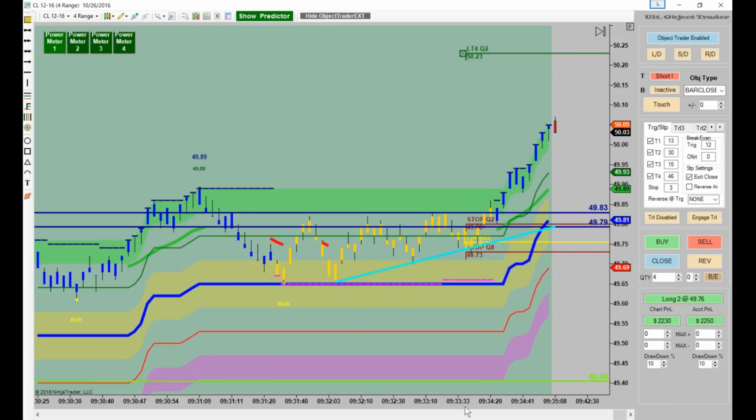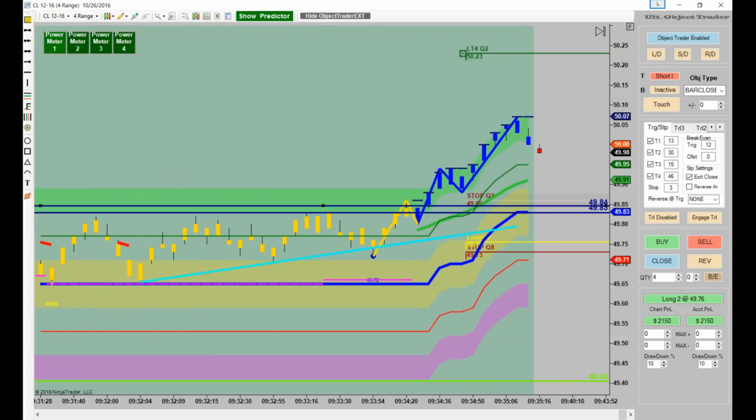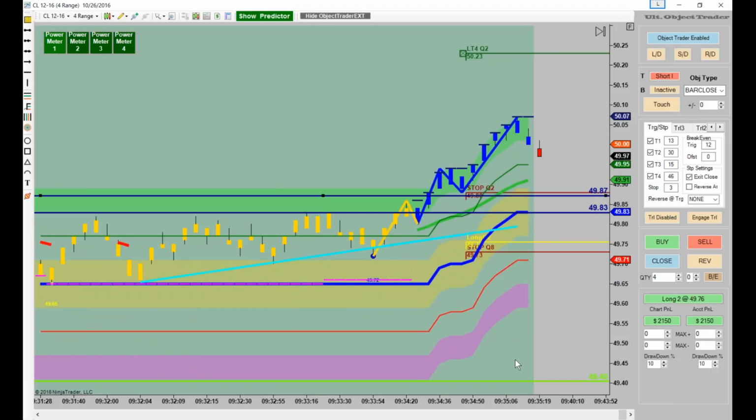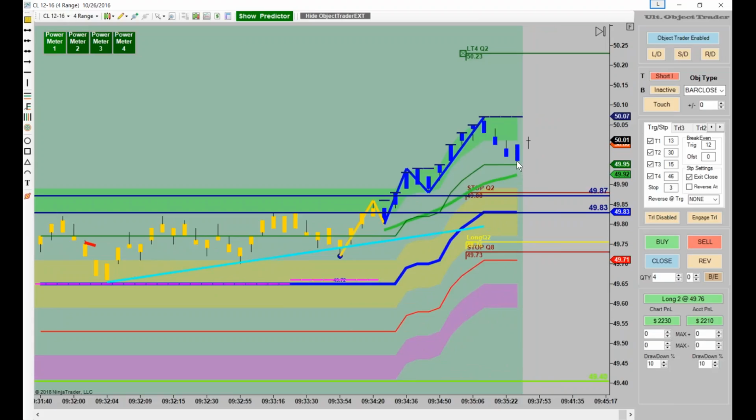Where's your lightning swing? Again, if you can't see it, draw it. It's right there. Identified lightning swing. Everybody sees that? Where will the identified lightning swing be if it takes out which side?